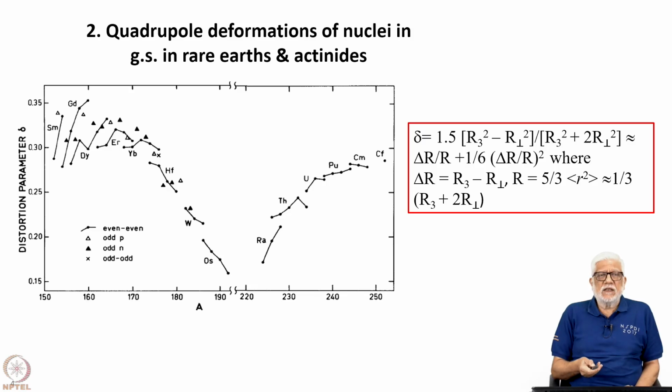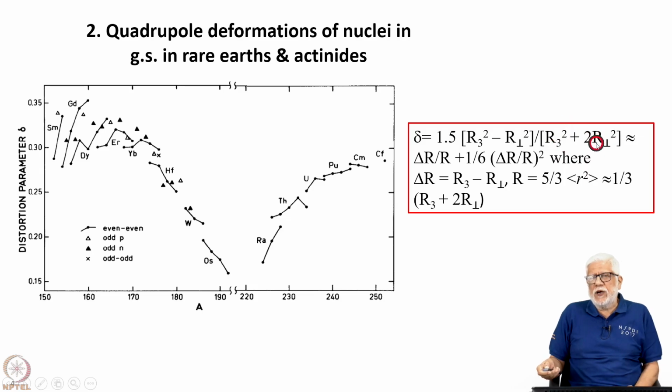Okay. So, the other observable is that there are quadrupole deformations of nuclei, both in the ground state and, of course, in the excited state. Here what is plotted is the distortion parameter, or actually the quadrupole deformation parameter, which is defined here. Delta is in terms of the radius along the symmetry axis, R3, minus the radius in the perpendicular axis, divided by R3 squared plus 2 R perpendicular squared.